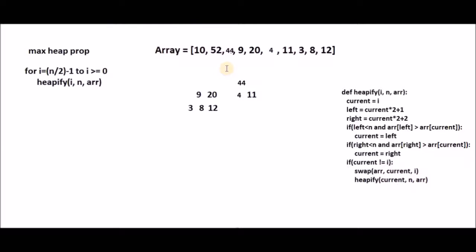And now we have 52 at the top, and we have 10 over here. Now we go here, and when we see, alright, the current is the next one, that is 10, is there a swap that we need to perform?